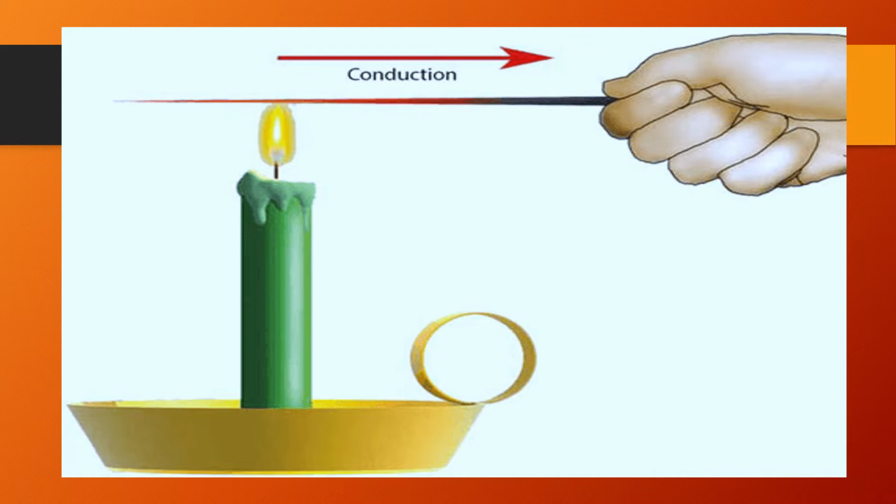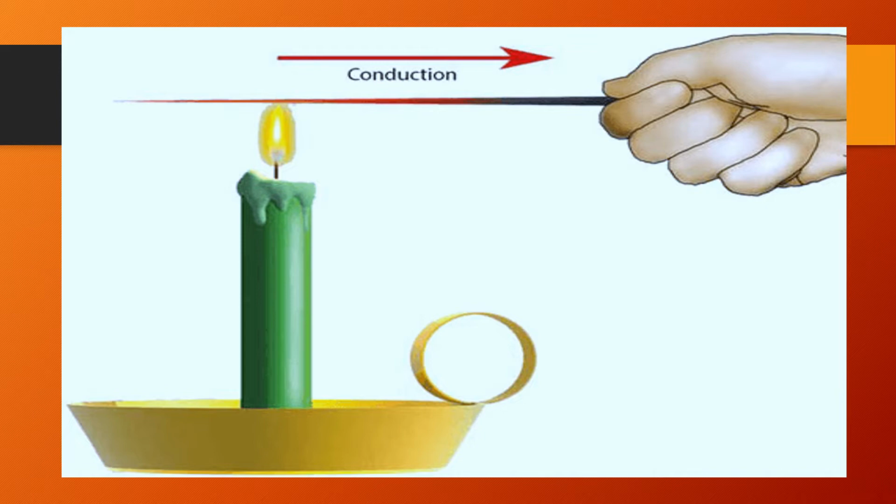You might have seen, when we are cooking food and a big spoon is partially dipped into the food which is getting cooked, you observe that slowly the spoon becomes so hot, and if you touch it, it is so hot, and you will just drop it.